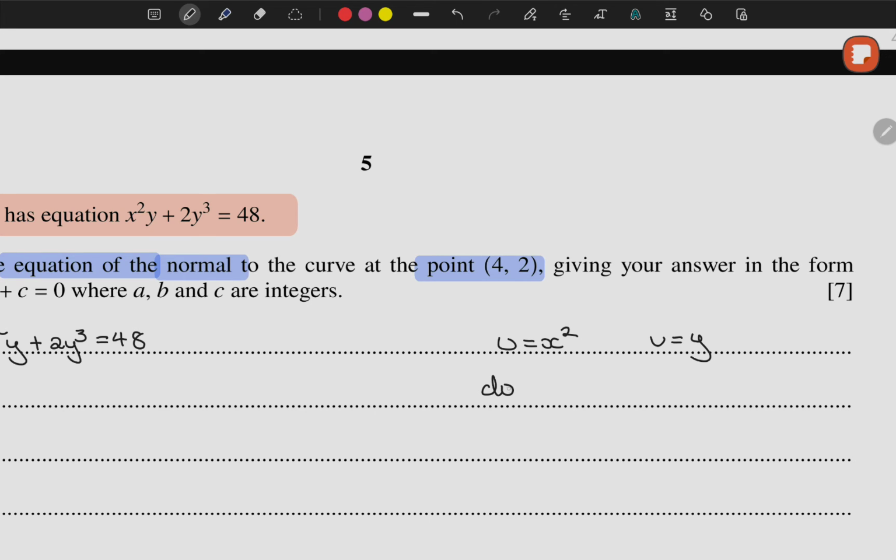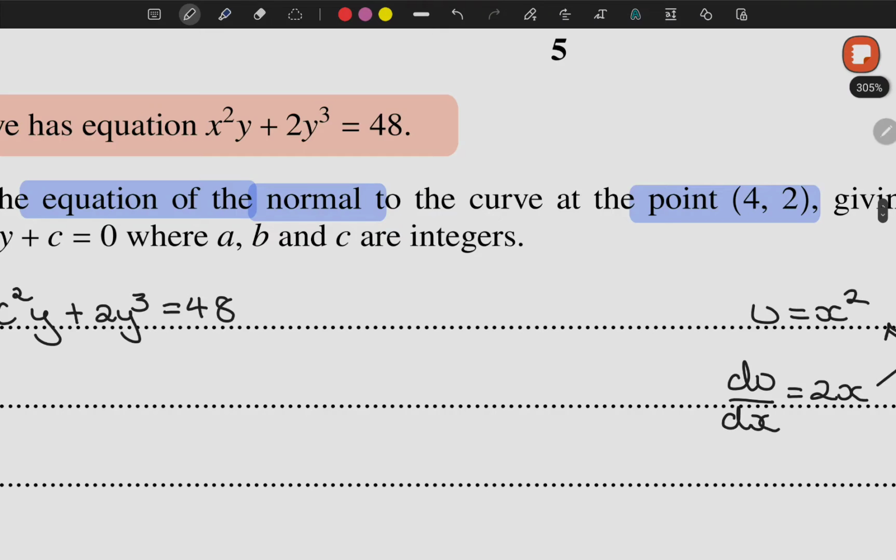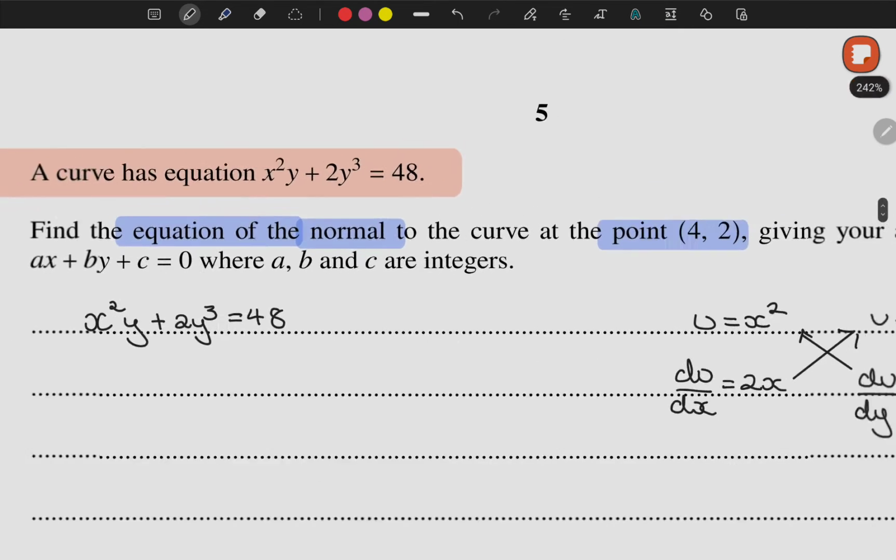So du dx is equal to 2x, and dv dy is going to be 1. Now the product rule, you just multiply these. It's in your formula sheet as well if you forget, but I do recommend learning it. It saves you a lot of time.